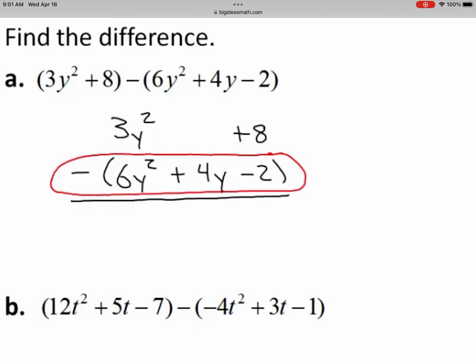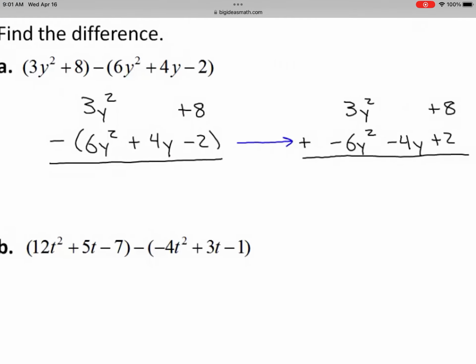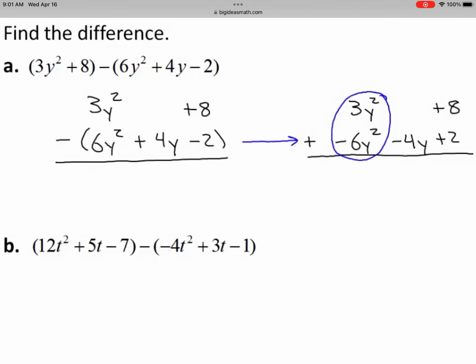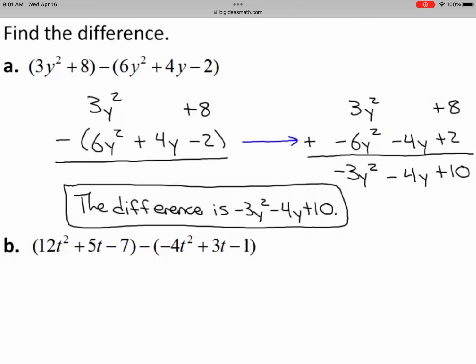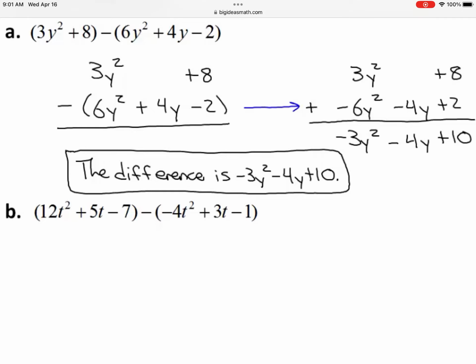Multiply each term in the second polynomial by negative 1 to rewrite the second polynomial as negative 6y squared minus 4y plus 2. 3y squared plus negative 6y squared equals negative 3y squared. 0 plus negative 4y equals negative 4y, and 8 plus 2 equals 10. So the difference is negative 3y squared minus 4y plus 10.